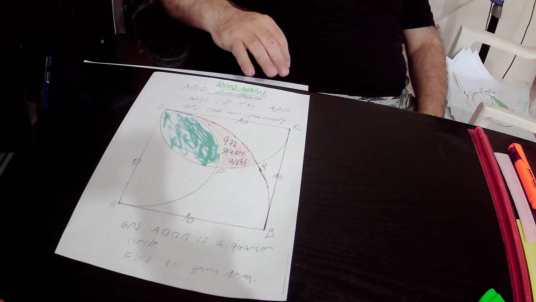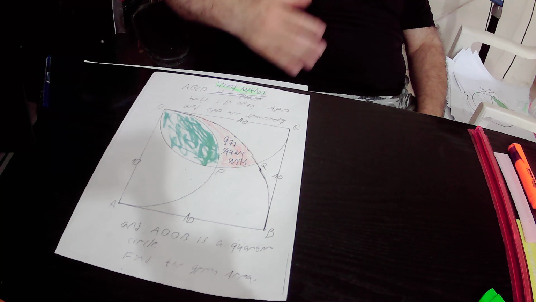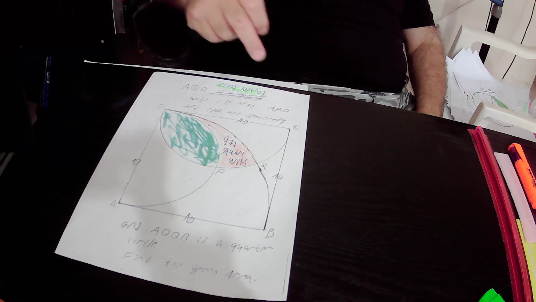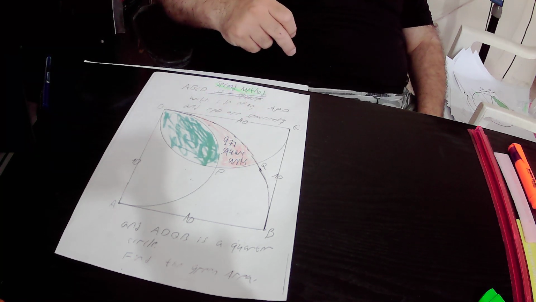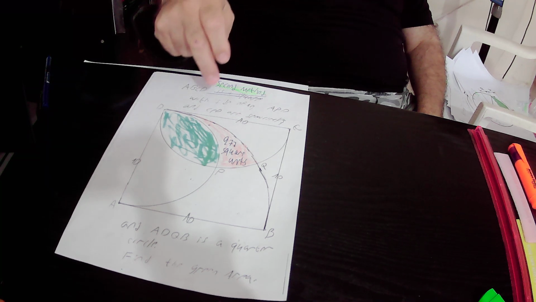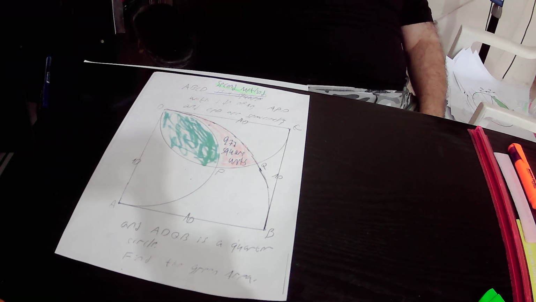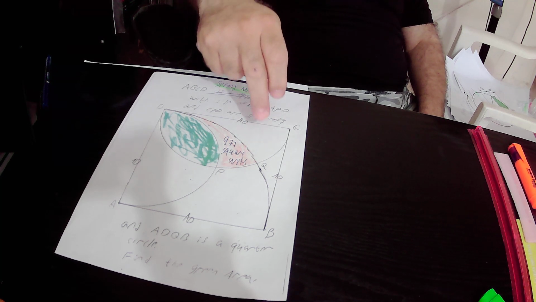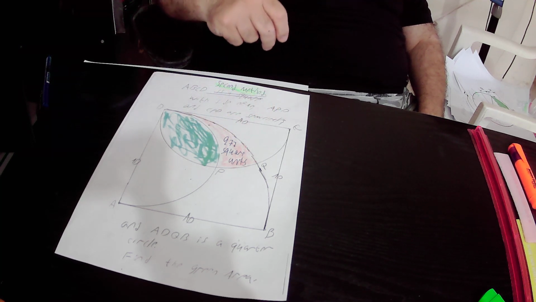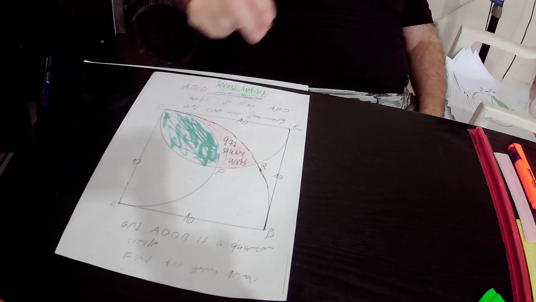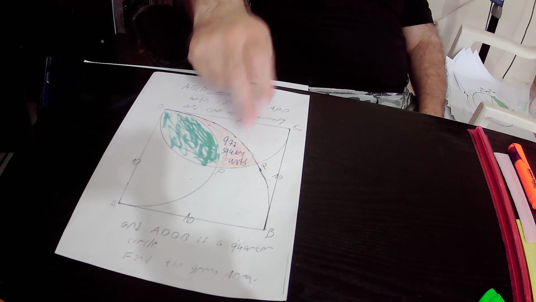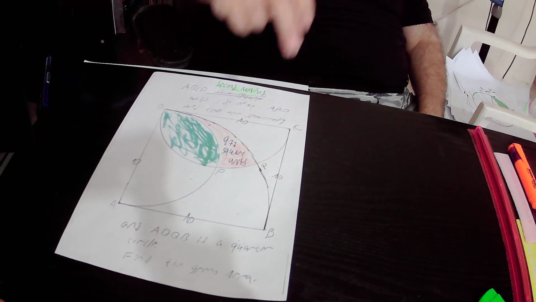In the first method, we created a general formula for the area of any lens, and then we used this general formula to find the area of the big lens. We used the same formula to find the area of the blue lens, and we subtracted the two areas from each other, and this gave us the area of this orange shape.